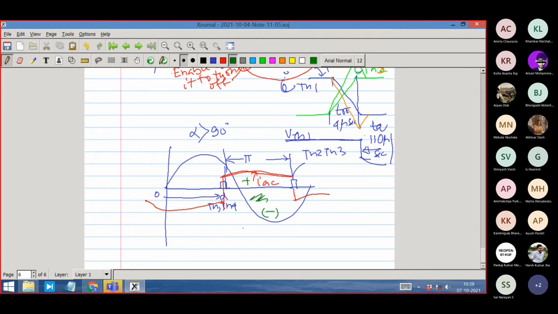Look at this portion. Look at the other portion. You see that here the current is negative, but the source voltage is positive. So again, on an average, not all the time, you may say not all the time. Here in this small zone, you can see that both source voltage and current are positive. But on an average, this zone is dominating: the zone when the current is positive but the voltage is negative, and the zone when current is negative and voltage is positive is also dominating.